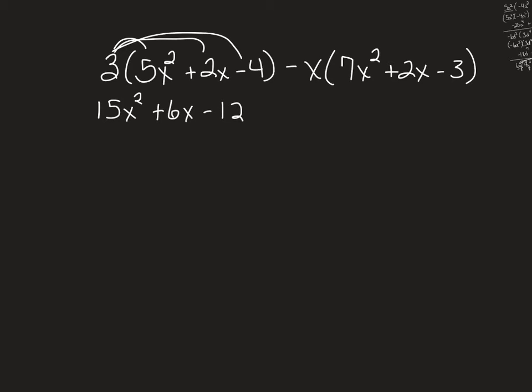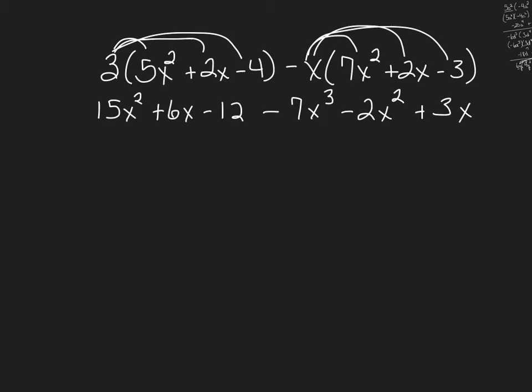And then we have a negative x times 7x squared, which gives us a negative 7x to the third. A negative x times 2x gives us a negative 2x squared. And a negative x times a negative 3 gives me a plus 3x.